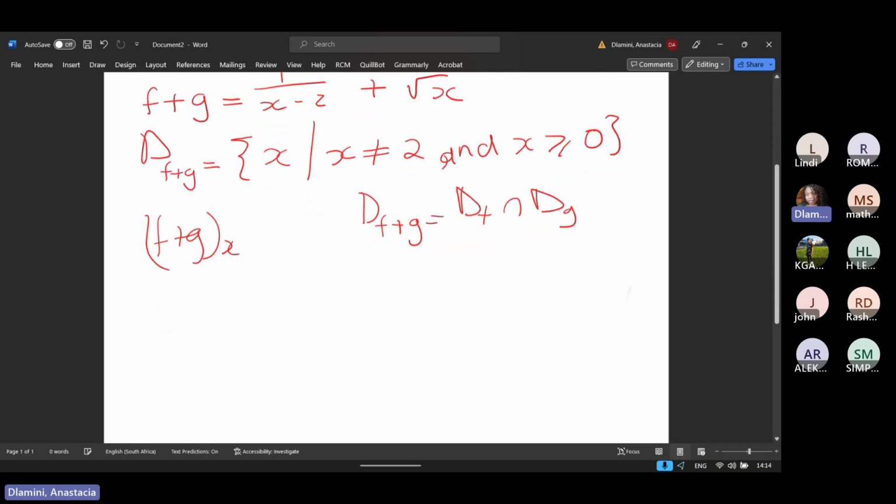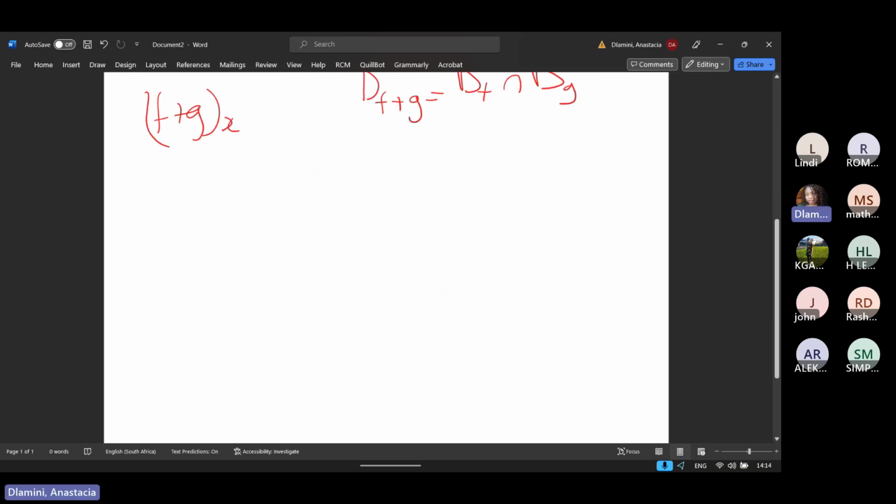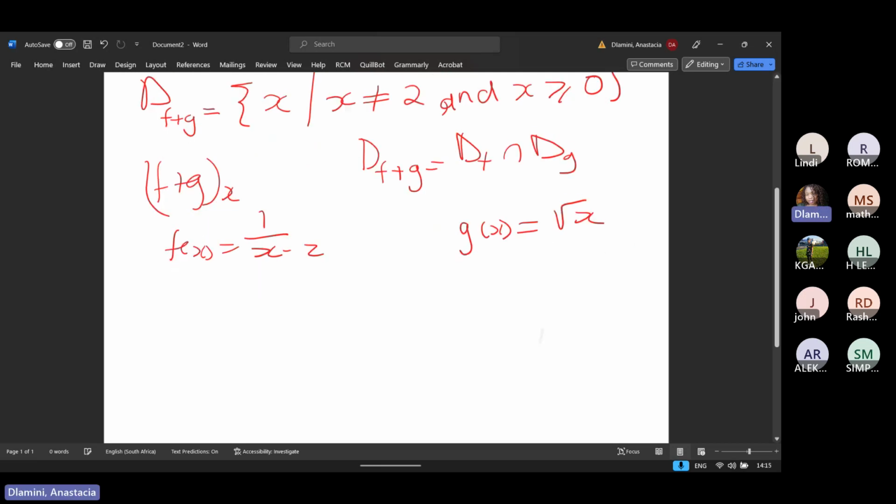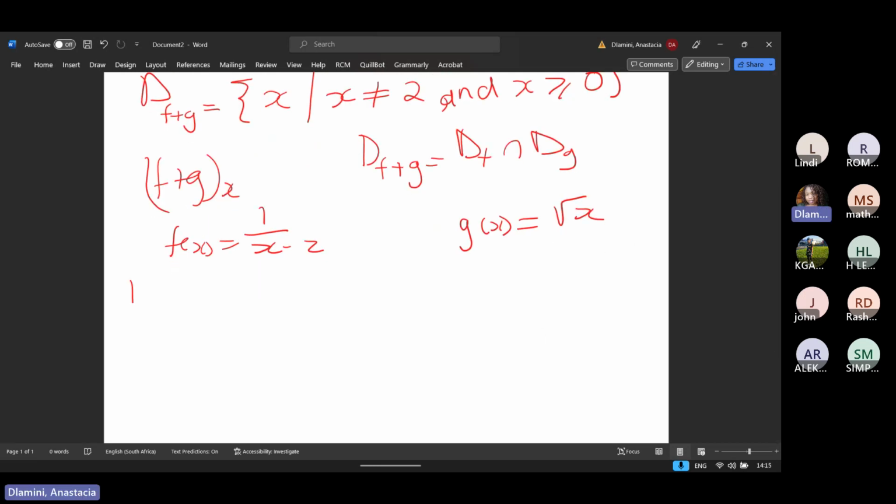So how did we get here? We said that our f of x is equal to 1 over x minus 2, and our g of x is equal to square root of x. So we know that the domain of f is x such that x is not equal to 2. And the domain of g is what? x, an element of real numbers, such that x is greater or equal to 0.